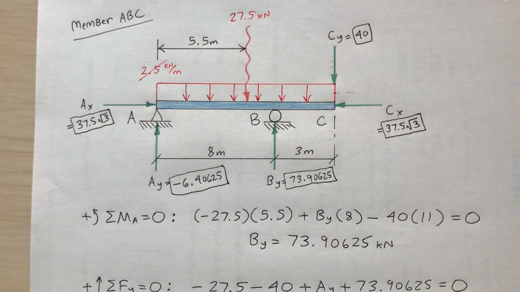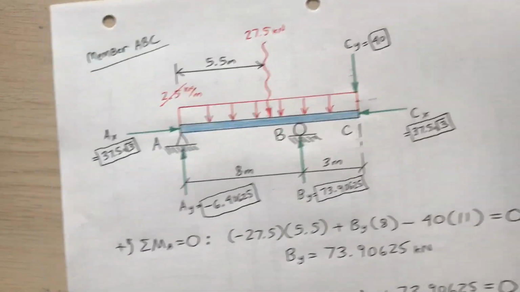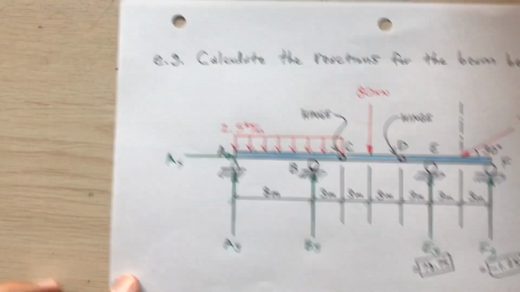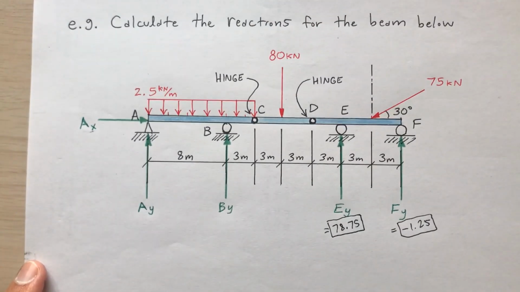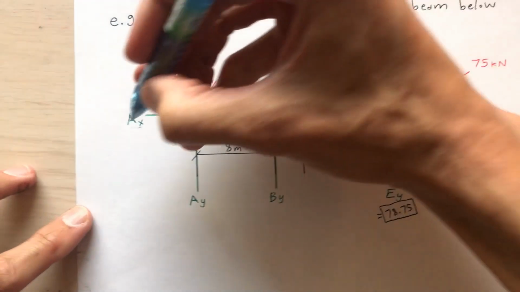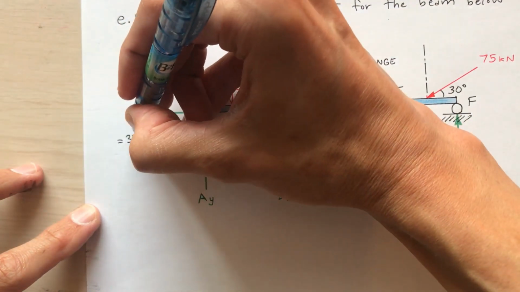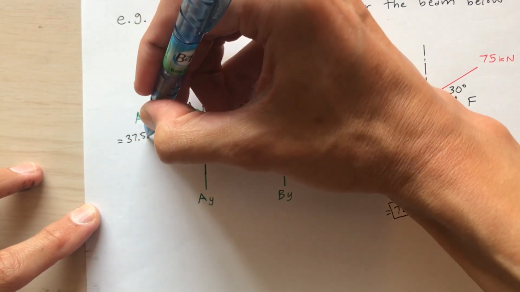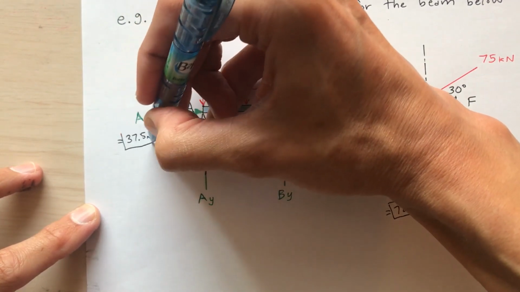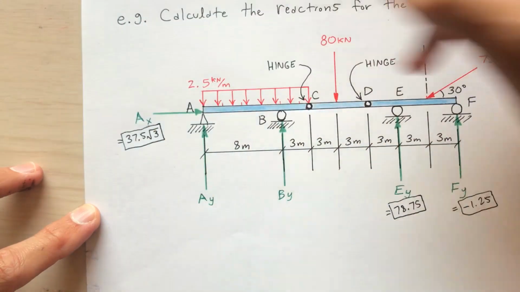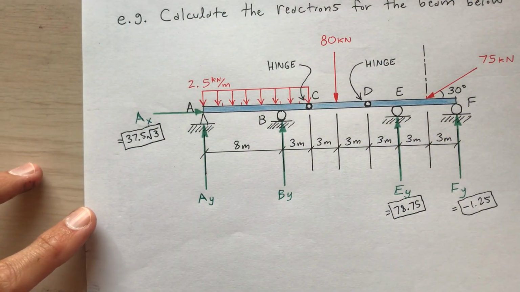So now I'm going to transfer this over to my original free body diagram, the original slide. So I'm going to bring that back. Okay, remember this? Okay, so what have I got here? A sub x, 37.5 square root of 3. I suppose they should write kilonewtons on there. And then A sub y.